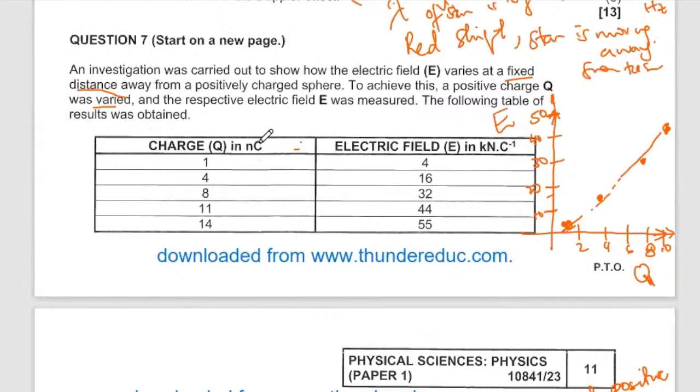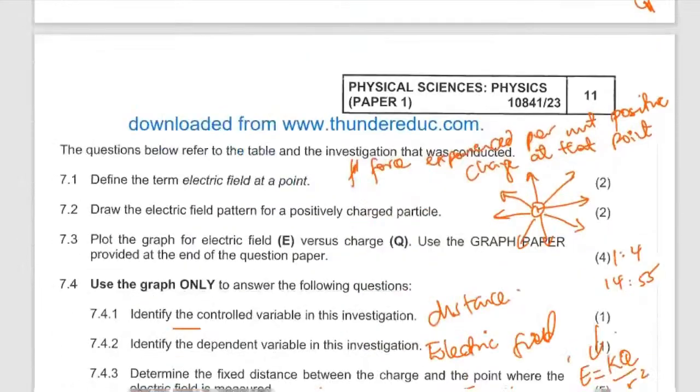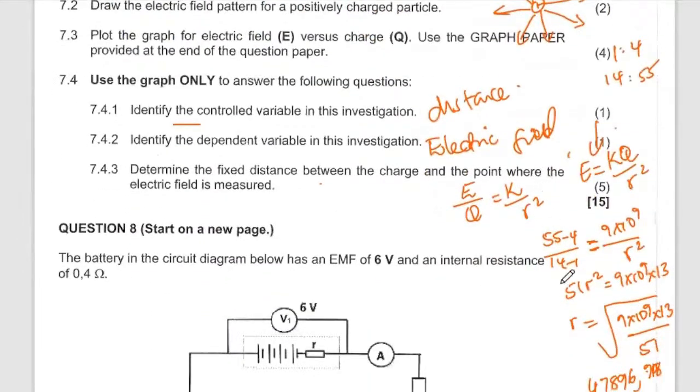This was in nanocoulombs, and this is in kilo. So nano and kilo: the Q is times 10 to the negative 9, and this is times 10 to the third.